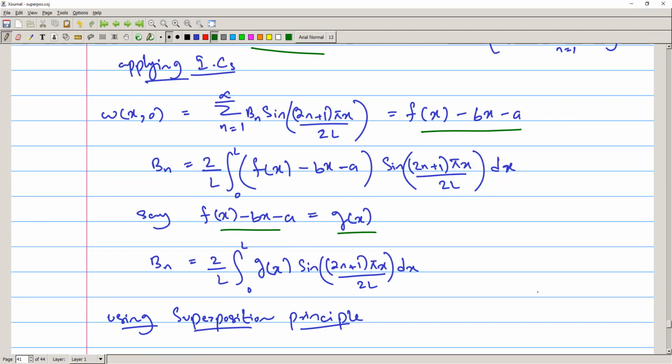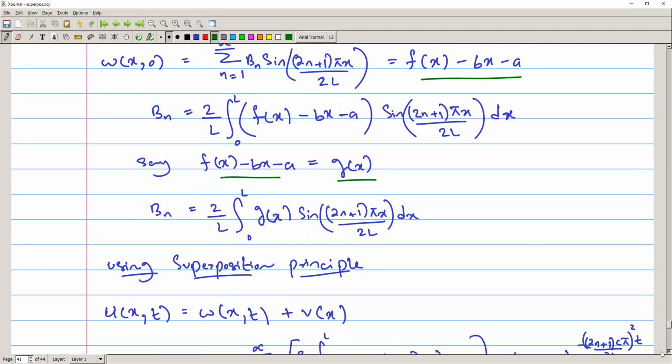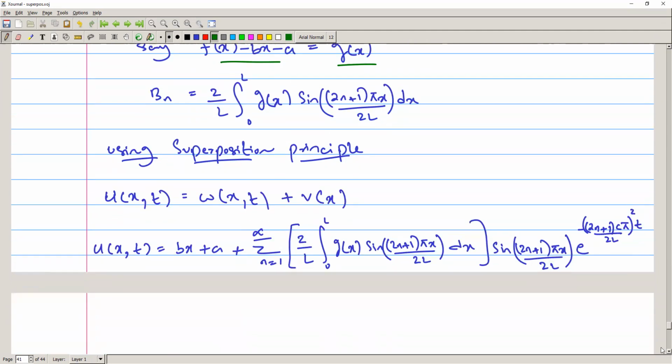So now we can solve it for any function of x, and the general solution will be u(x,t) = w(x,t) + v(x) by using the principle of superposition. So this is the steady state temperature and this is the transient state temperature, right? By adding them, we will get the particular solution to this problem.